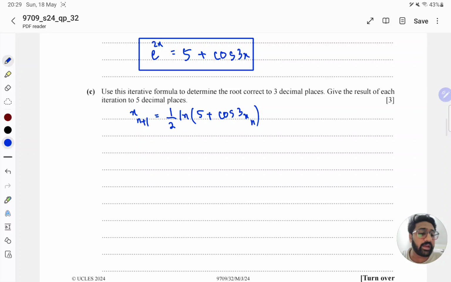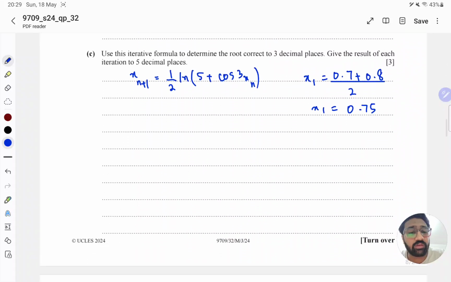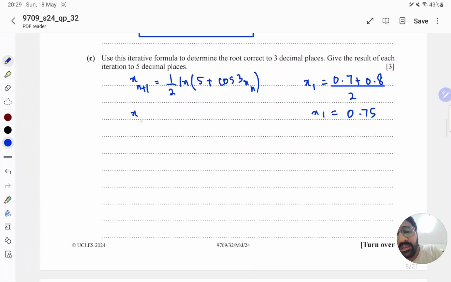So first of all we have to start with the x1, and since we have the interval from 0.7 to 0.8, we'll find the mid value for this, which will be 0.75.